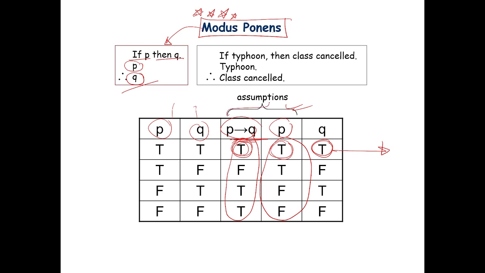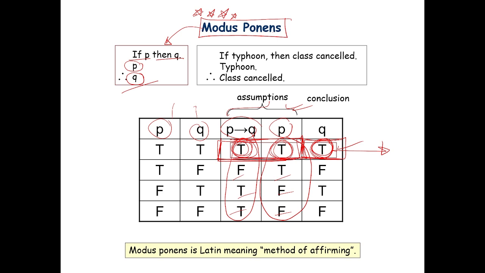Whenever you prove it, you hold that these assumptions are true and try to prove the conclusion true from that. I don't think there's a clash here. There's no true and true anywhere else. So this is the only case where the assumptions are all true, and I can see that the conclusion is true. So this is a valid form, modus ponens.